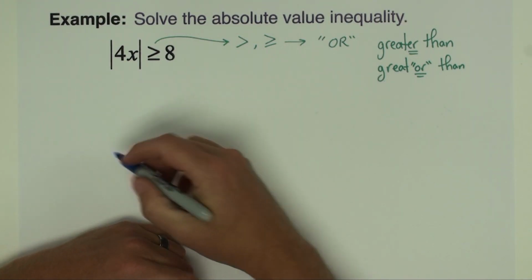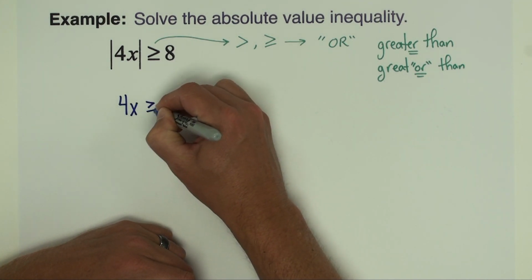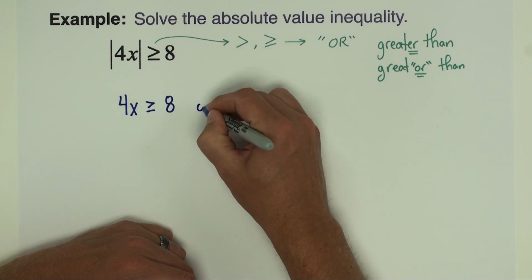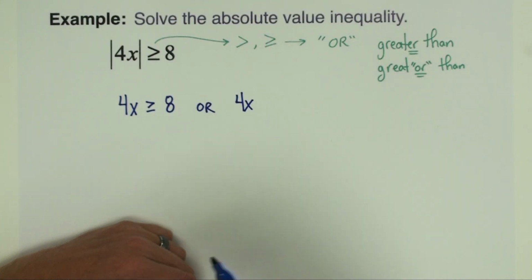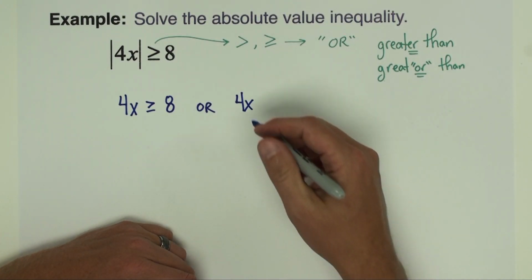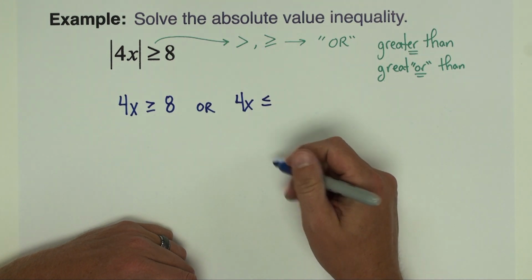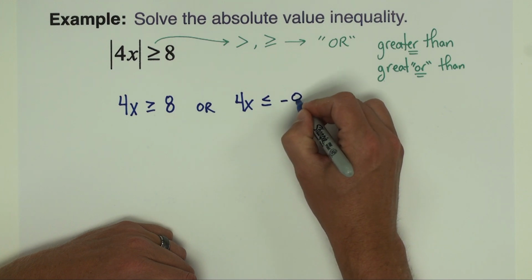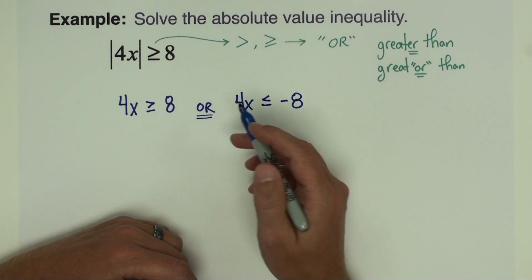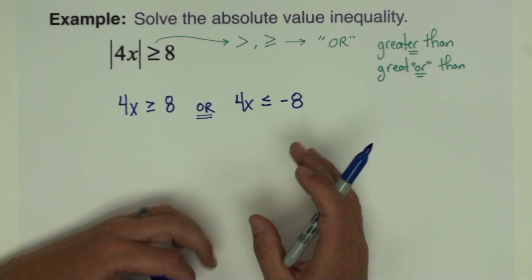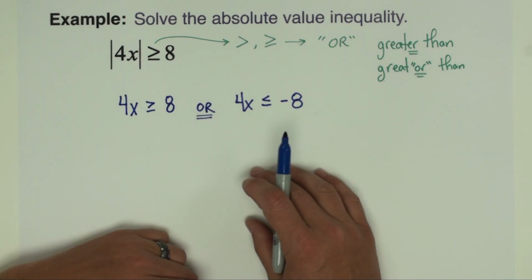So here we go. Let's rewrite this. My first statement is going to be 4x is greater than or equal to 8, or I want 4x. Now on this second inequality, just like we did with the and statements, we're going to do two things. We're going to flip the inequality so it's less than or equal to, and we're going to make the 8 negative. That's it. Now, when you have an or statement, do not combine them into one. Don't bring these together into one long inequality.